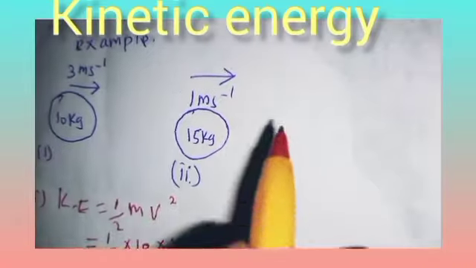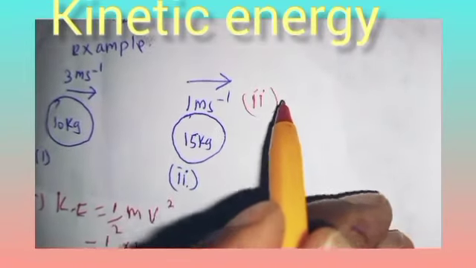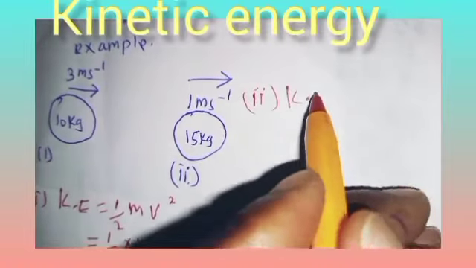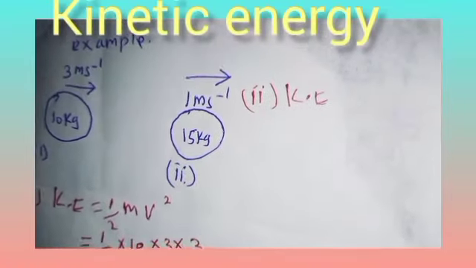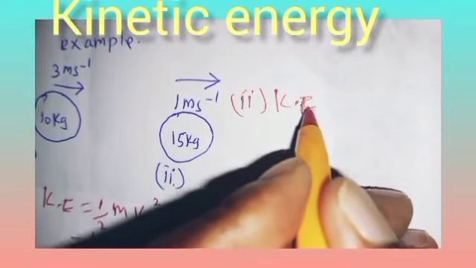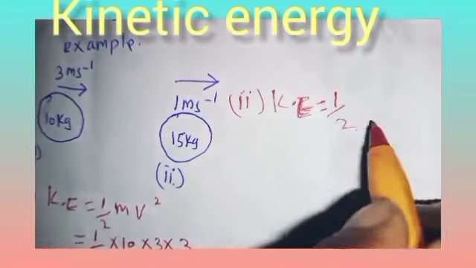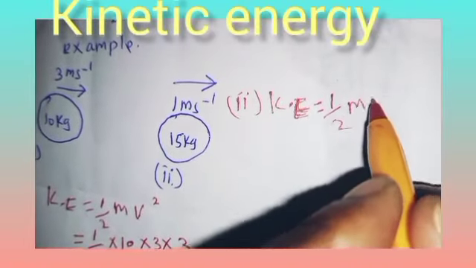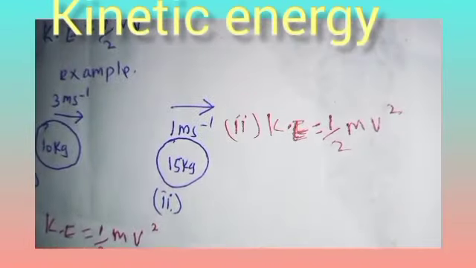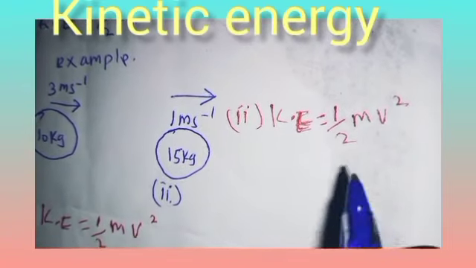Roman 2, we always begin by writing the formula. Kinetic energy is given by half mv squared.